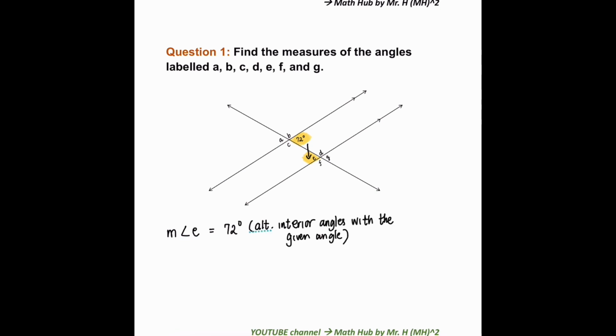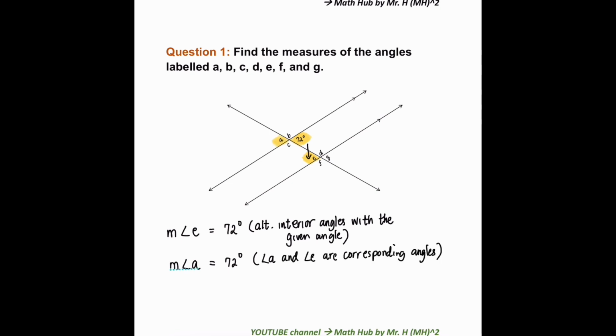All right, so the next thing I would want to do is find angle A, because if I already have angle E, the measure of angle E is 72, and it's going to be equal to angle A as well. So the measure of angle A will be equal to 72 degrees because angle A and angle E are corresponding angles.